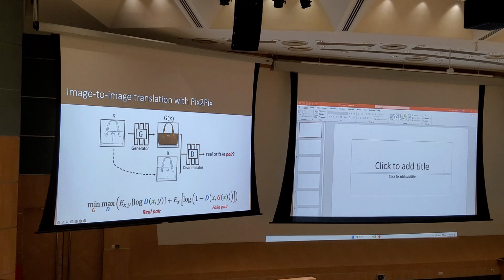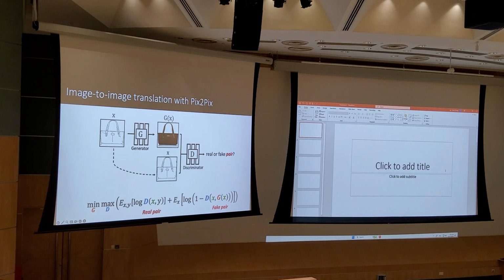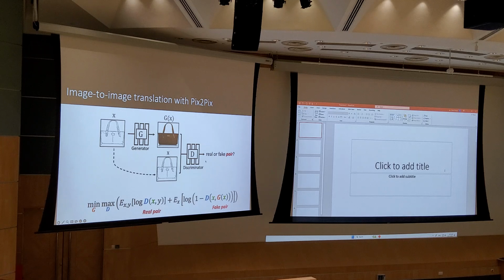What you could do is concatenate the generated image together with the input edge image and feed that into your discriminator. Then you train the discriminator to decide whether it's a real or fake pair. With this reformulation, you can train image-to-image translation with Pix2Pix.